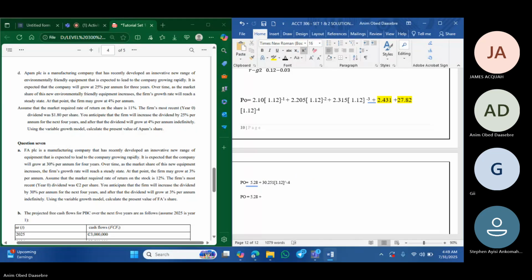My question is, we were finding for the remaining 7 years, right? Which is year 6, 7, 8, up to 12. So why were we using D1, D2?